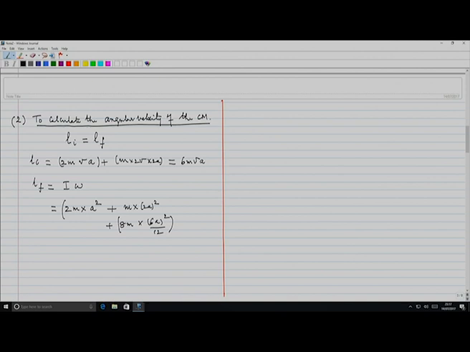This is the moment of inertia of the rod about the central axis. Whole thing times omega.